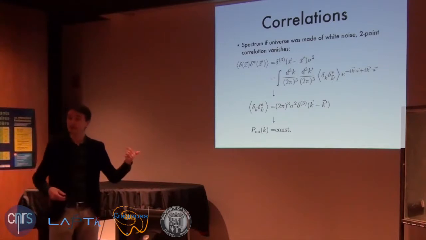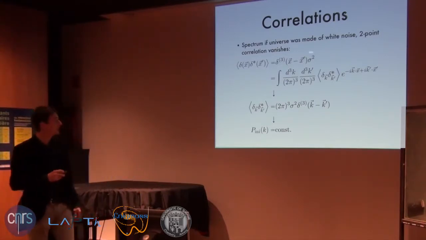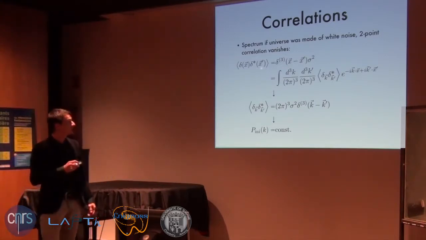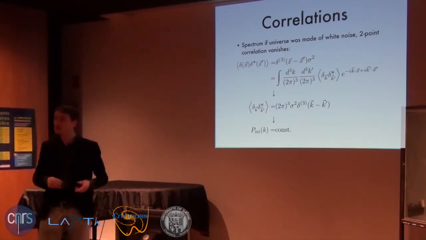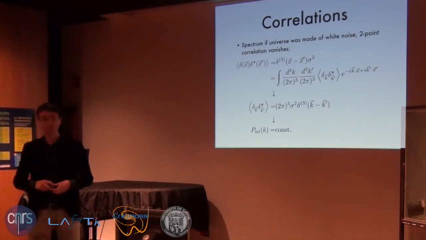But the average of infinitely many cosmologies will be 0 if they're uncorrelated. Now, if it's white noise, that is saying that the autocorrelation of these random variables has the same variance everywhere. That is just a special case of white noise. It is uncorrelated, but you have the same variance everywhere.